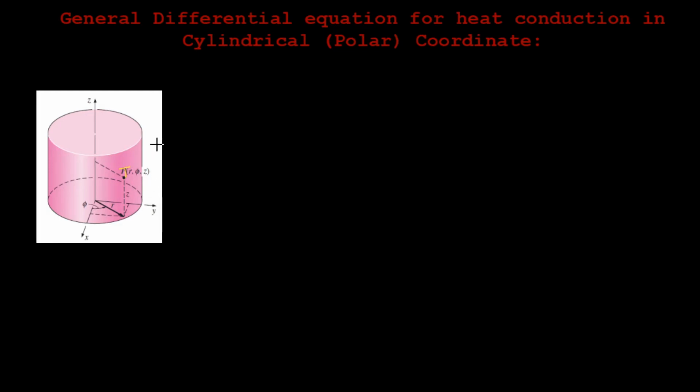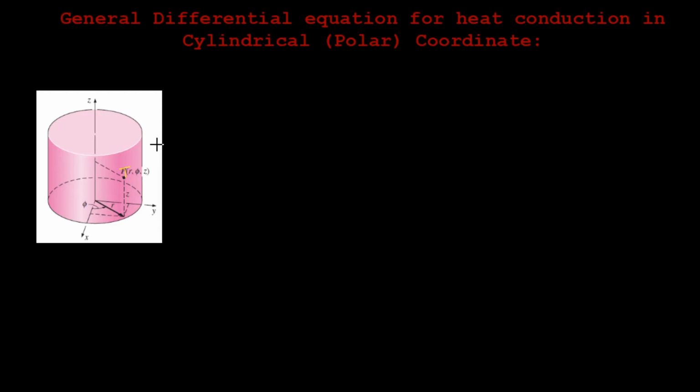So to derive the general differential equation for heat conduction in cylindrical coordinate or spherical coordinate, as we have done in the Cartesian coordinate system, we can take a very small elemental volume here of thickness dr, and then we can apply the energy balance equation over the small elemental volume. And once we apply the energy conservation equation, then we will get the differential equation.